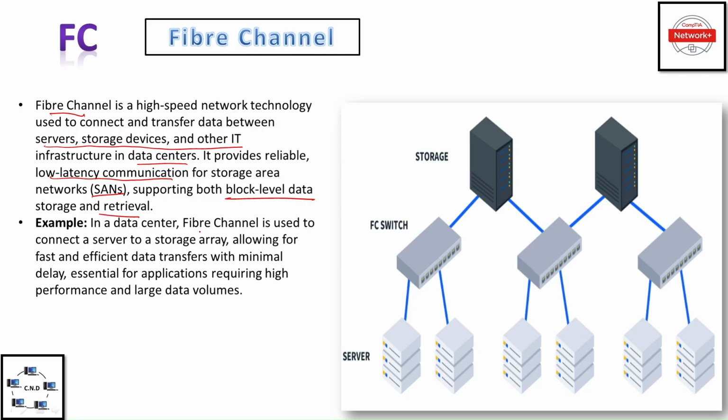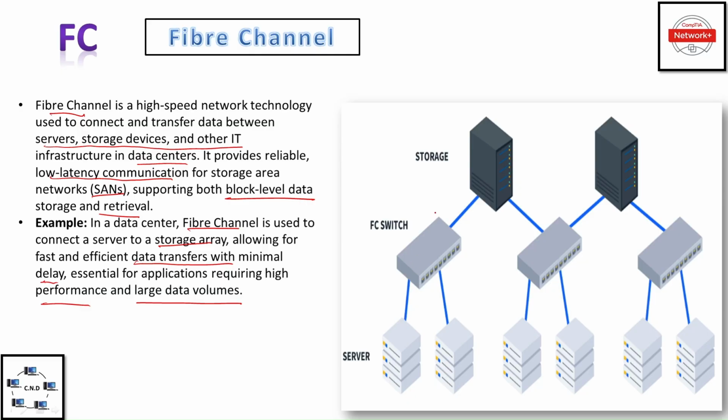For example, in a data center, Fibre Channel is used to connect a server to the storage array, allowing for fast and efficient data transfers with minimal delay, essential for applications requiring higher performance and large data volume.